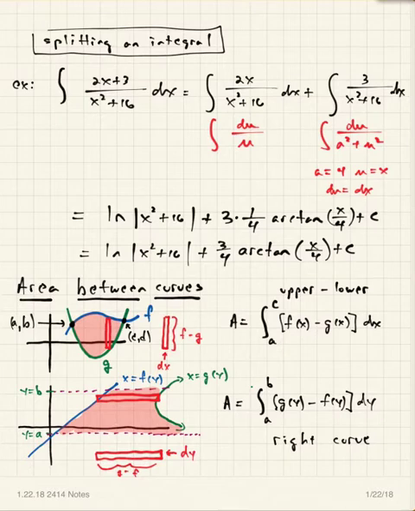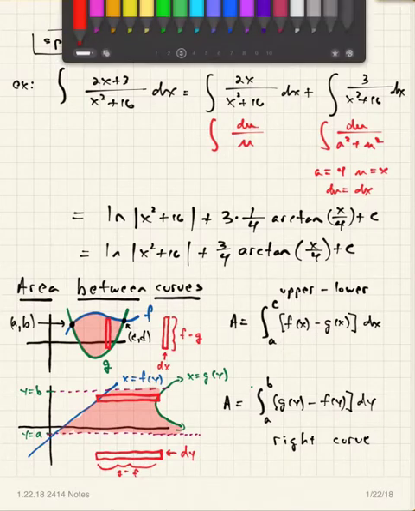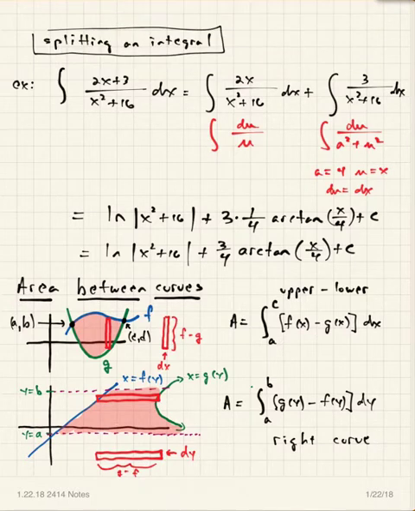So these two pictures illustrate this important idea: if you're using a vertical rectangle, then you are integrating with respect to x, and the limits of integration need to be x values.